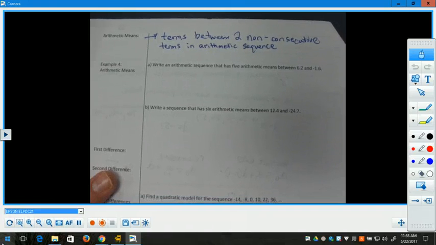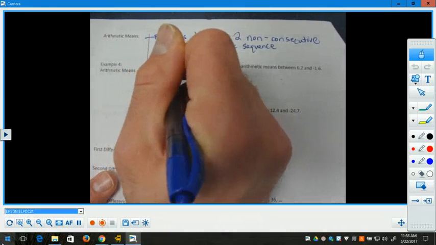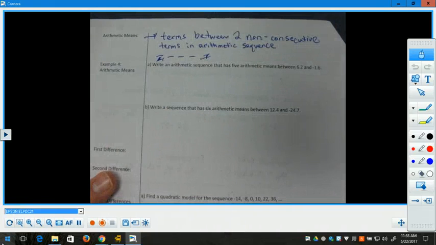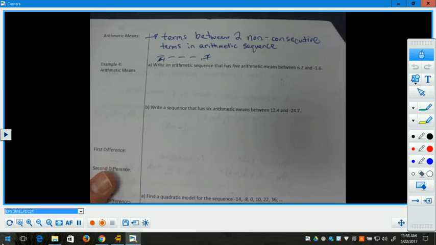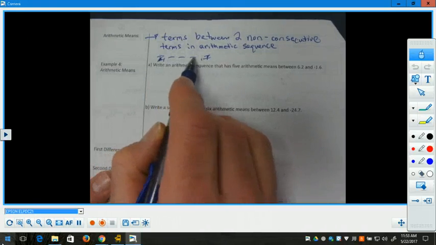So really, we have a few numbers, and then we have some spaces. So we had a number here, and then we have some spaces. We don't know how many in a number here. What we are going to do is try to use the recursive pattern, sort of. Once we know d, we just keep adding the value of d to find those terms.